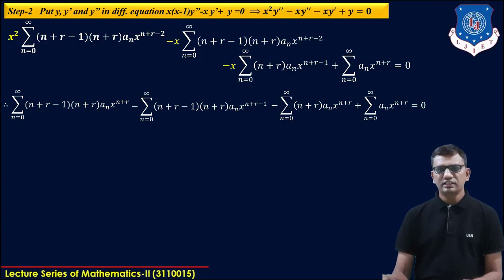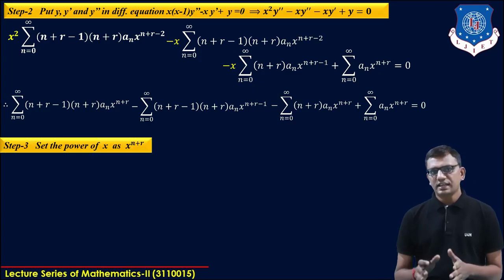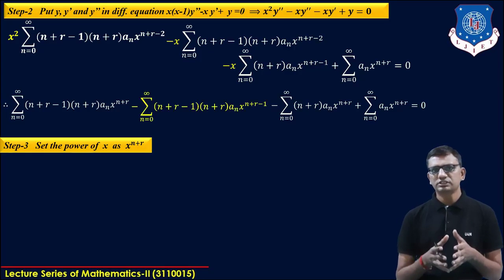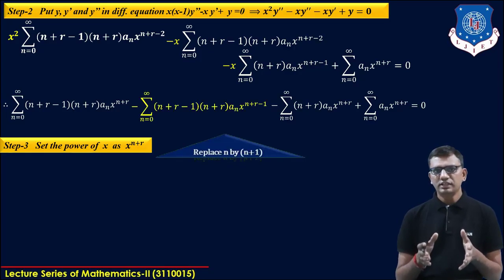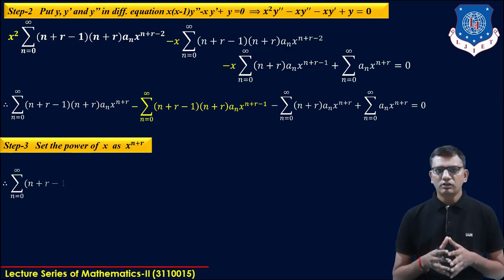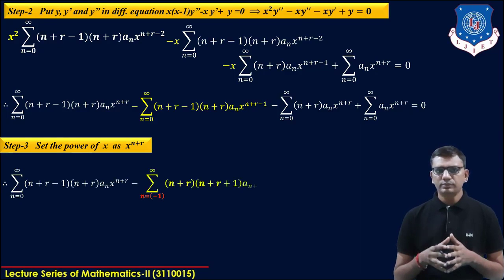Now we will set the power of x as x^(n+r) in each summation, so we have to change the second summation. So we replace n by n+1 in the second summation only. Therefore, now we have the power of x in each summation as x^(n+r).